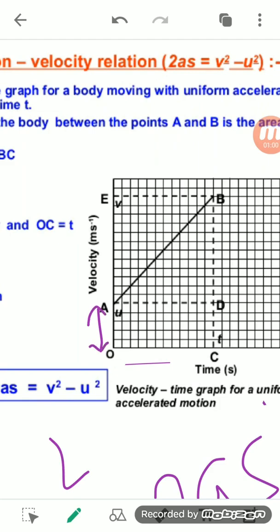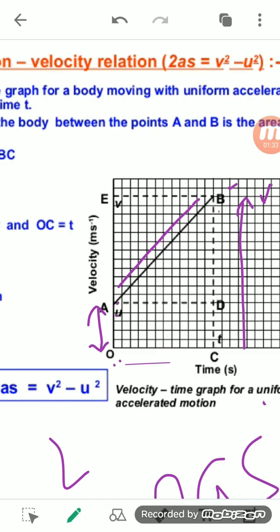The body travels from A to O with some velocity, and finally it moves with a uniform acceleration from A to B. So BD, or BC, is the final velocity, and this one is the initial velocity.